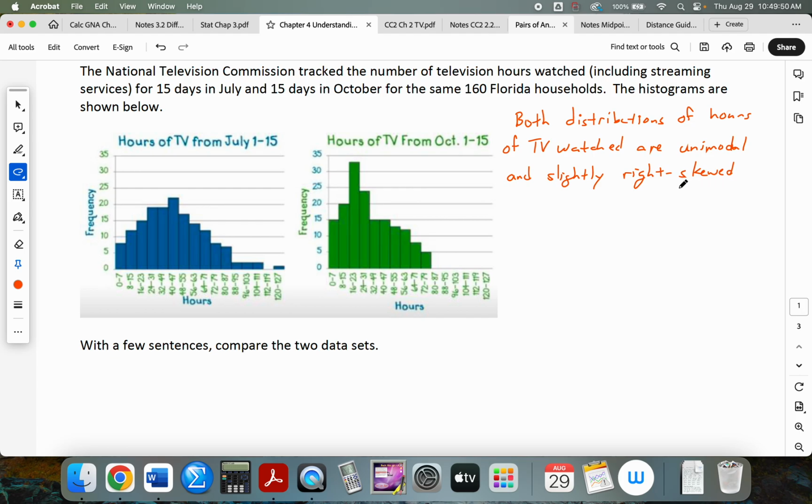And I'm going to go ahead and talk about where the peaks are. Right? That helps us with the shape a little bit. The peak for July 1 to 15 is in the, what is that? 40 to 47 hour bin.